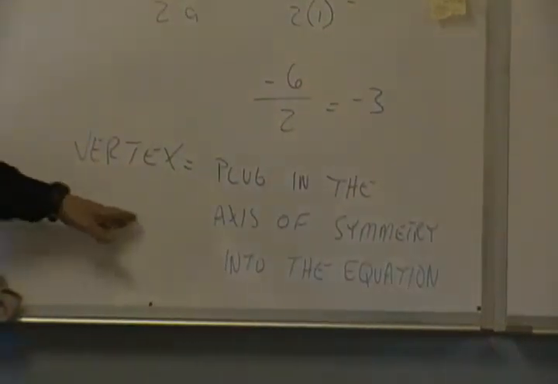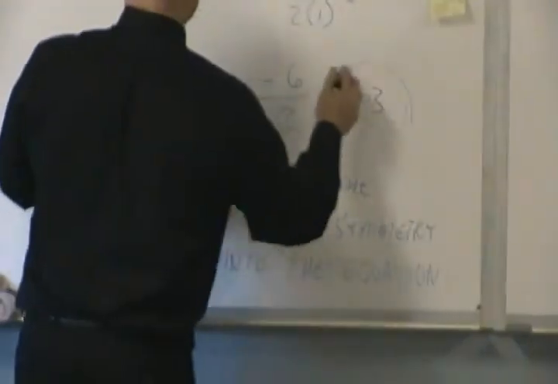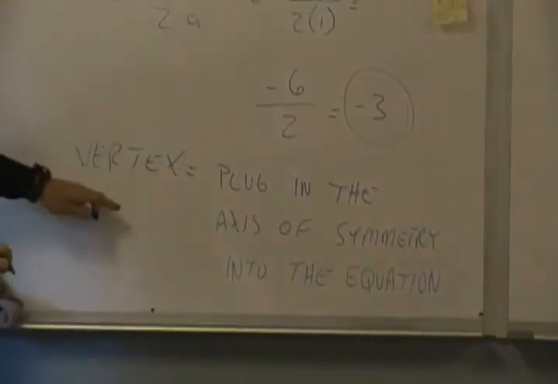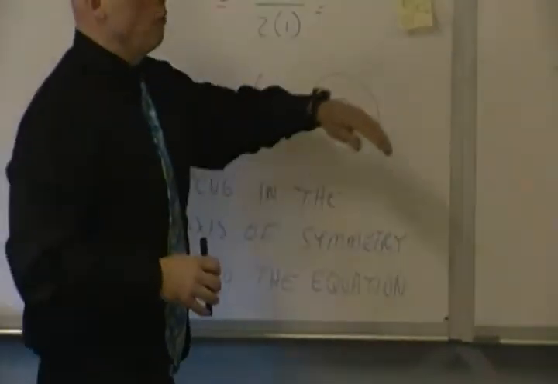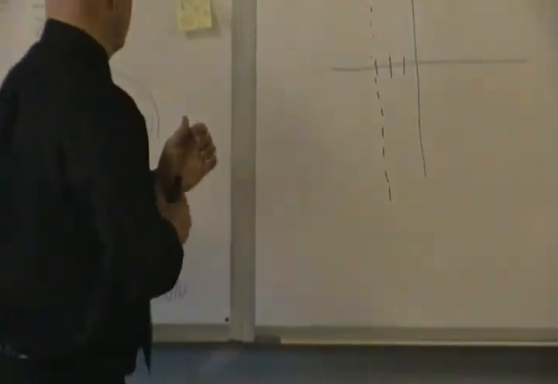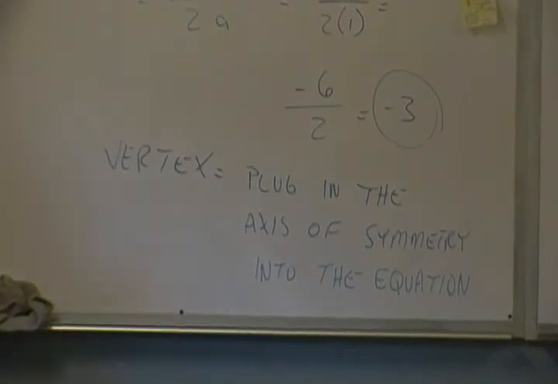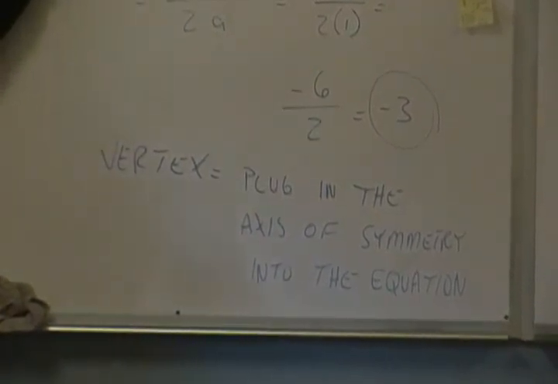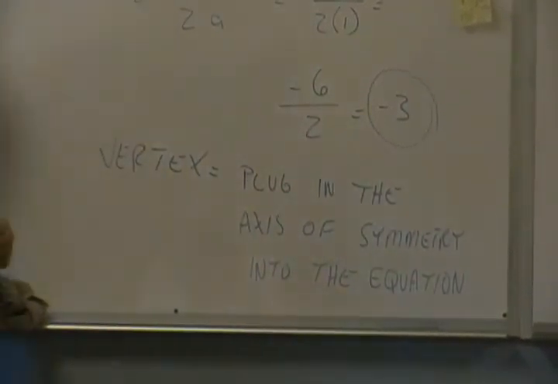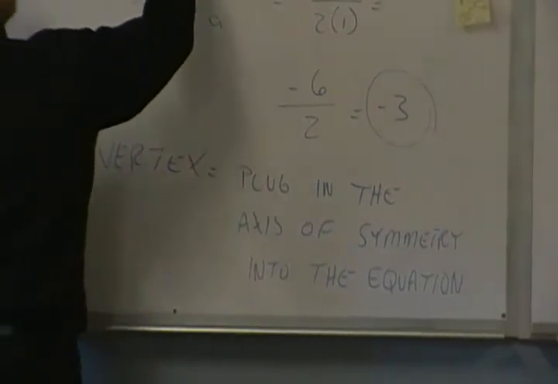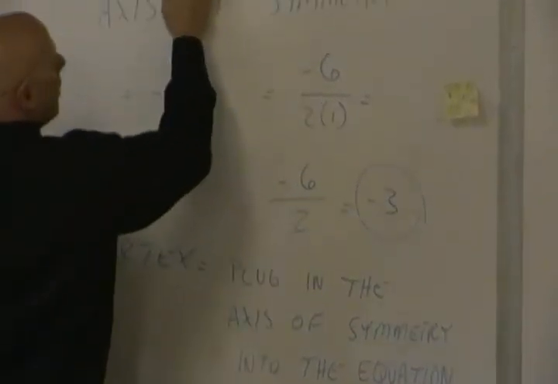Plug in the axis of symmetry, which was negative 3, into your formula, and we will get the vertex, which in this case will be the minimum. Plug it back into the formula, in for x. Okay? So in this case here, I've got 9.